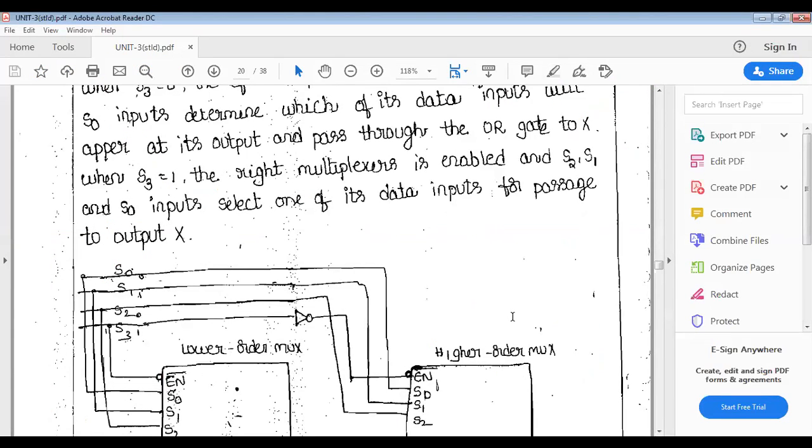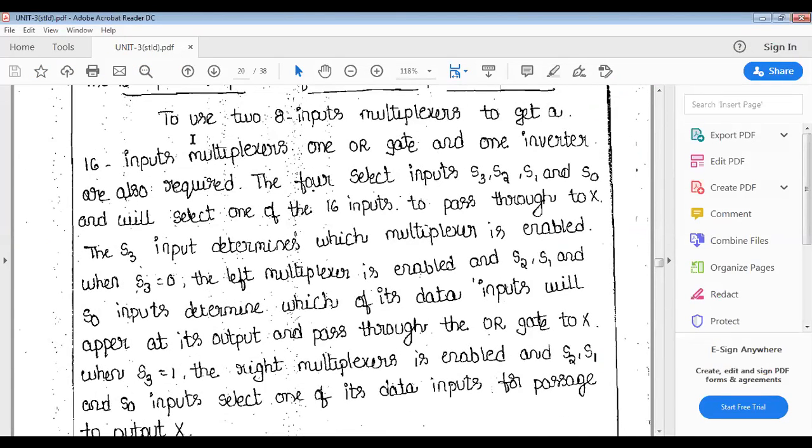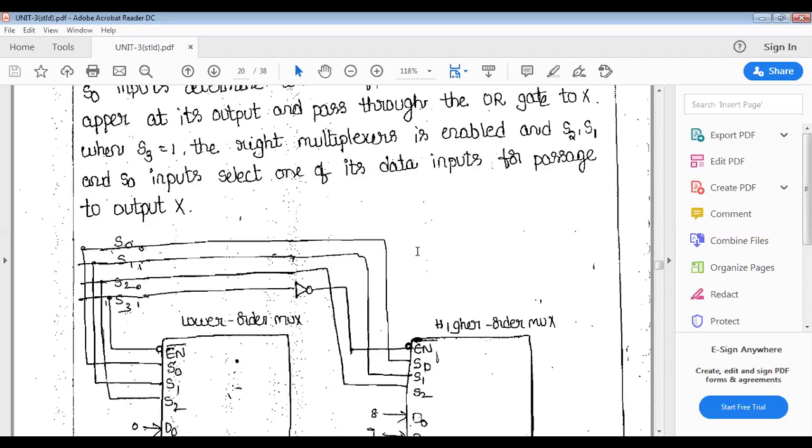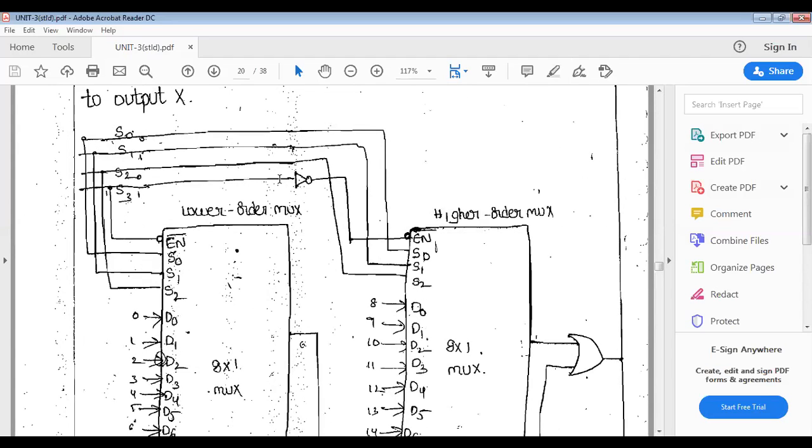You see, to get a 16 input multiplexer from 2 8 input multiplexers, 1 OR gate and 1 inverter are also required. 1 inverter here.